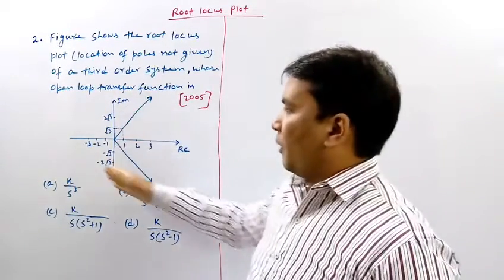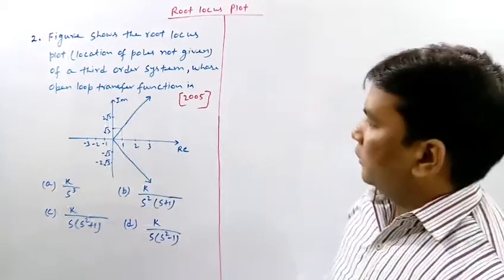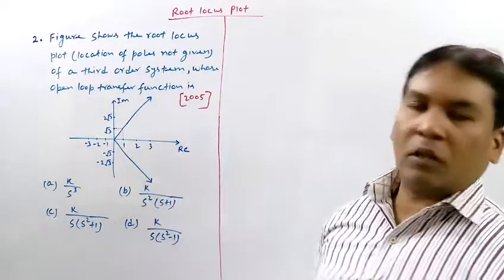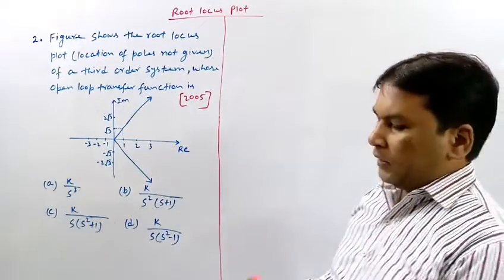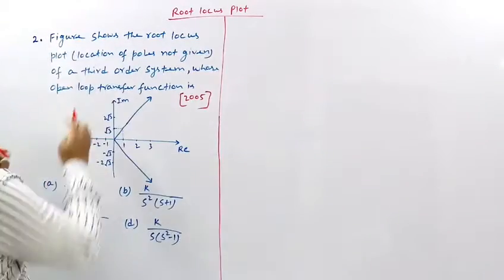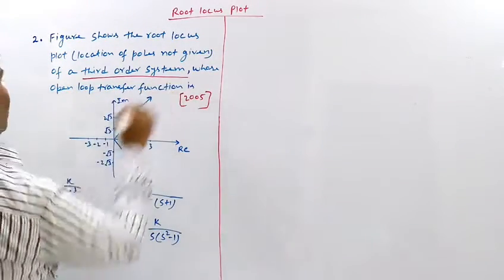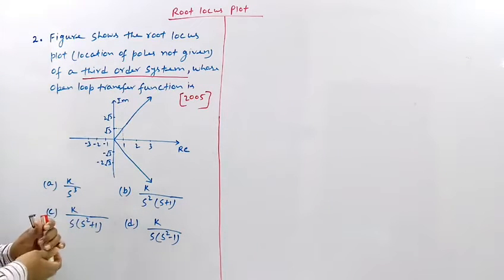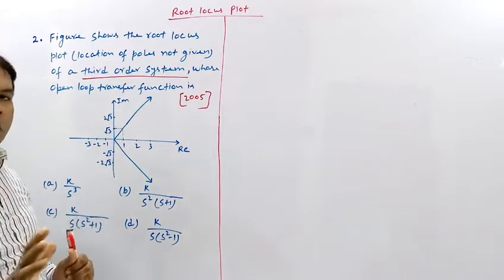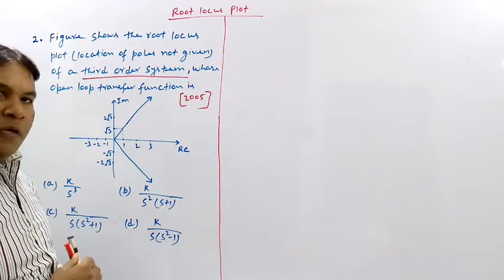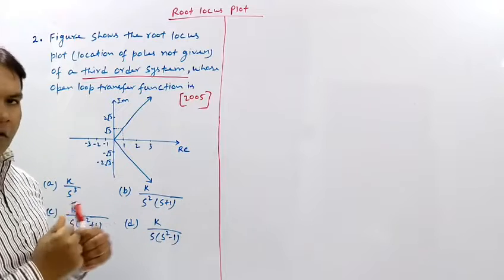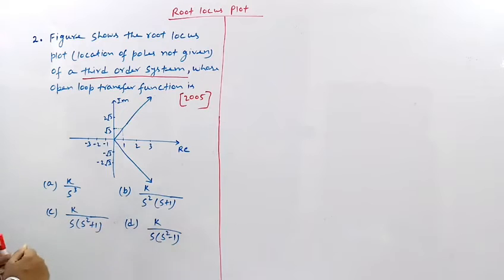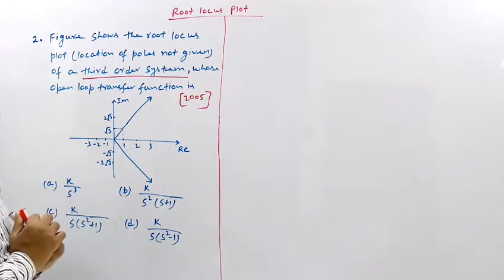So the root locus plot is given, and it is given that the system is of third order. So if the system is of third order, then the open loop characteristic equation also must be of third order. Since all are third order systems, let us see which one is correct.